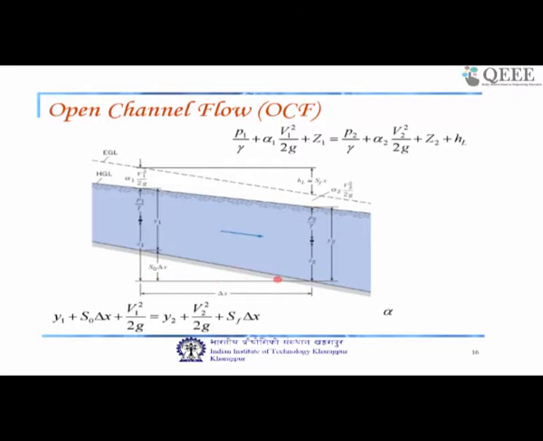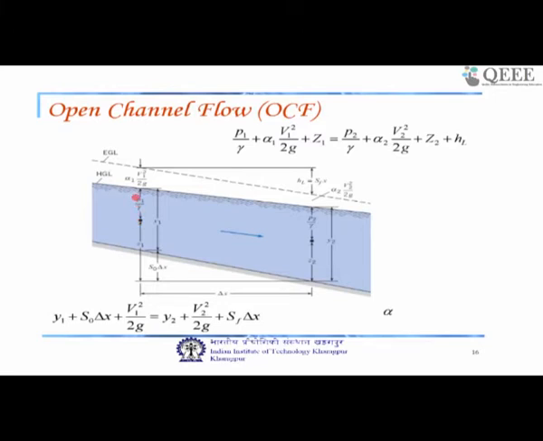This line we can consider as the datum, and from the datum, the first point, or point number 1, that is z distance, and this is the elevation head of this point.